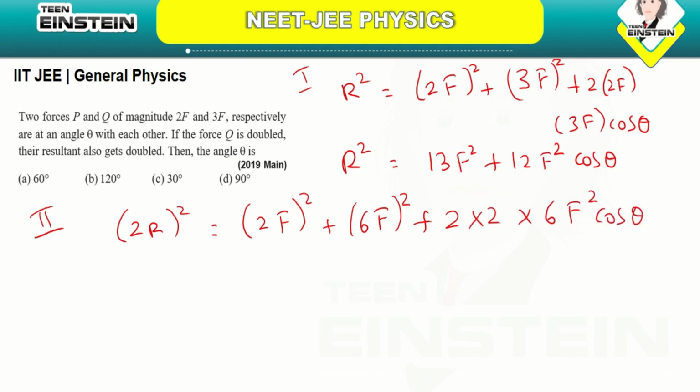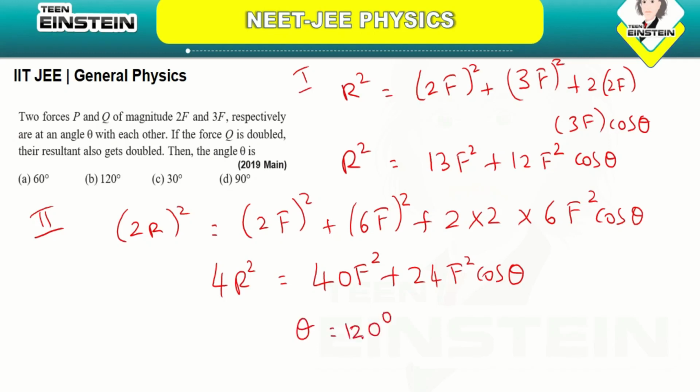If you solve this, you will get 4R square is equal to 40F square plus 24F square cos theta. So when you solve these two equations, you will get the theta value as theta is equal to 120 degrees.